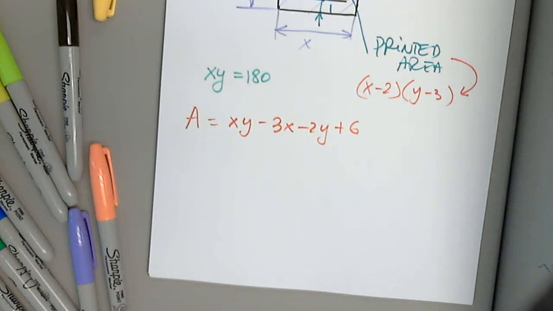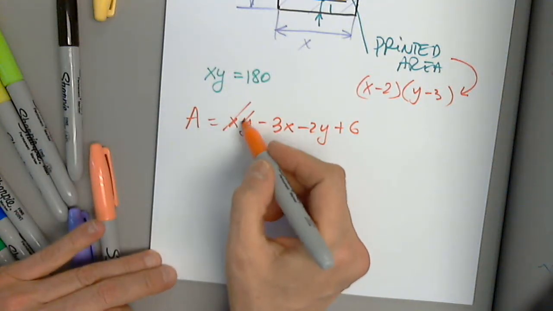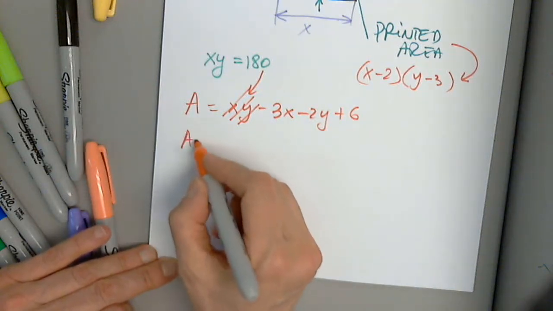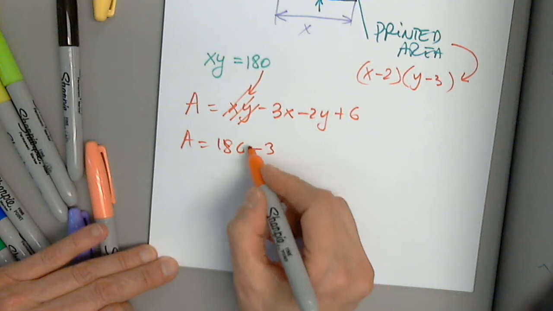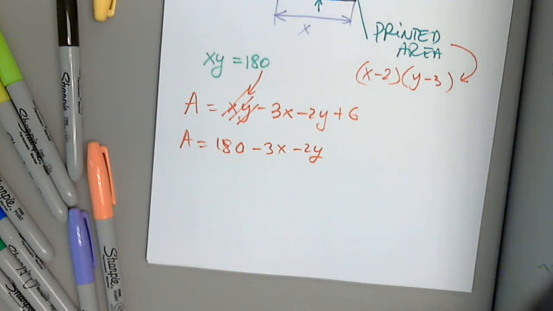And I realized that I have two variables, not one. But I am also given x times y equals 180. So first of all, I will definitely replace this by 180 because it's in the problem. So A equals 186, 180 plus 6, minus 3x minus 2y. I still have not gotten rid of one of the variables.